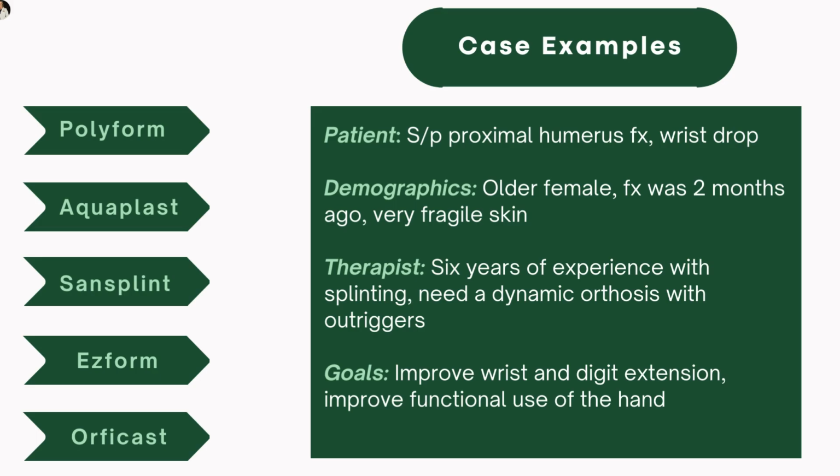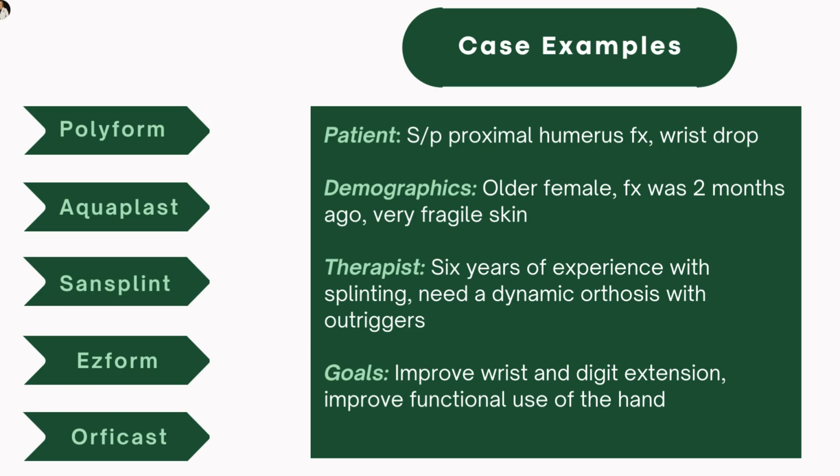Next, we have easy form. Easy form has a maximum resistance to stretch. And then it bonds to itself easily, which is good for outriggers. So it could be an option. It has good rigidity. It doesn't have the highest amount of rigidity like polyform does, but it's definitely an option. And then finally, Orfit.